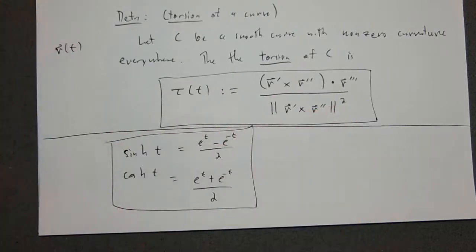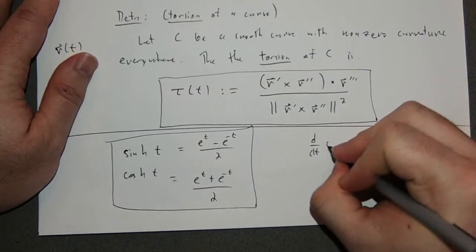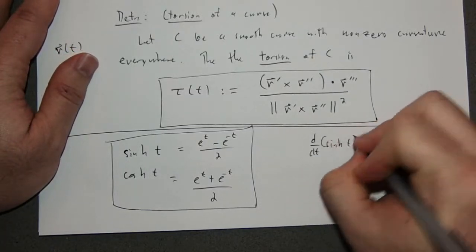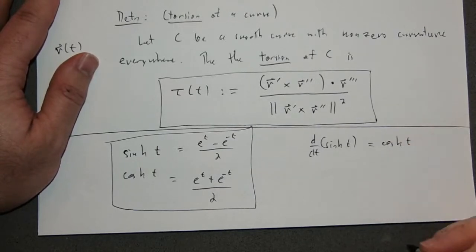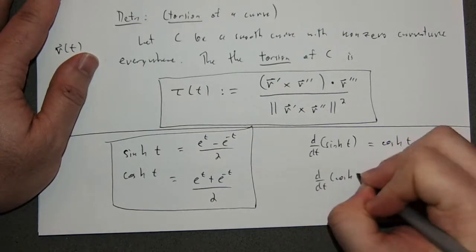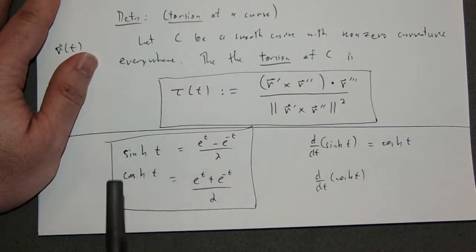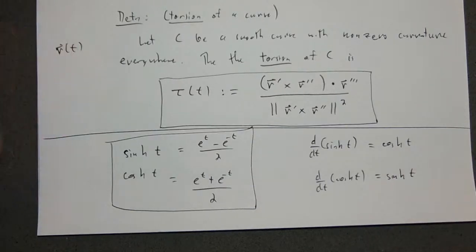Okay, so that's it. Quickly, compute d/dt of sinh t. What do you get? Oh, you get cosh. That's cool. And compute d/dt of cosh t. You don't get minus sinh t, you actually just get sinh t. Oh, very nice. They're actually nicer than sine and cosine.